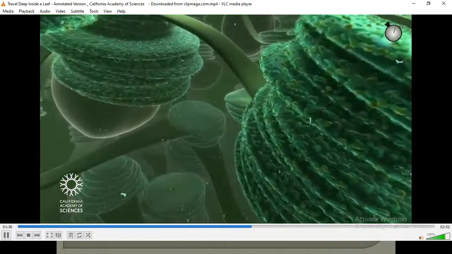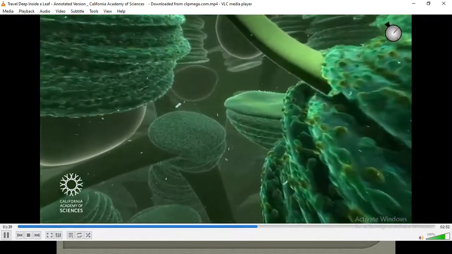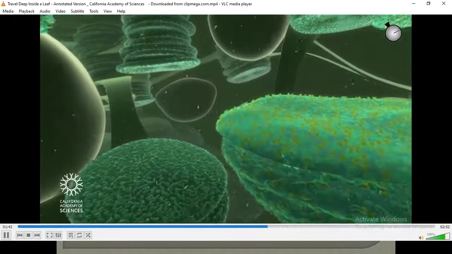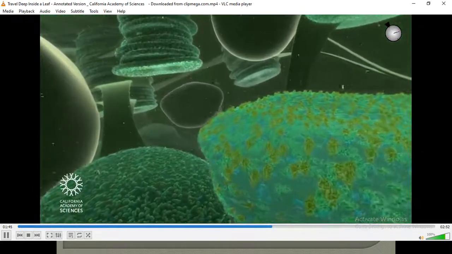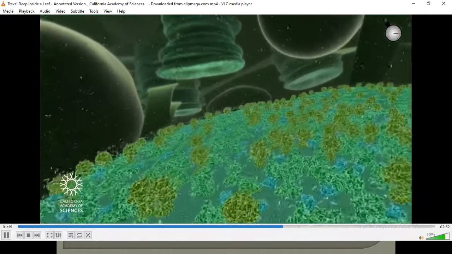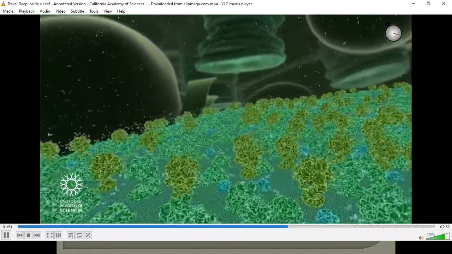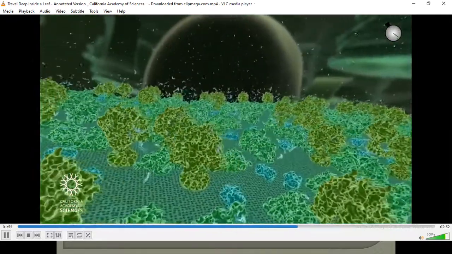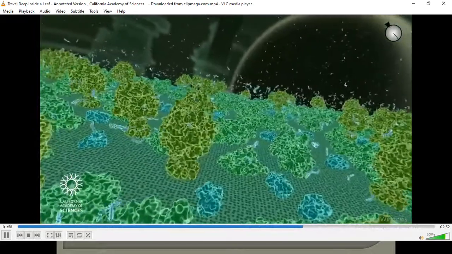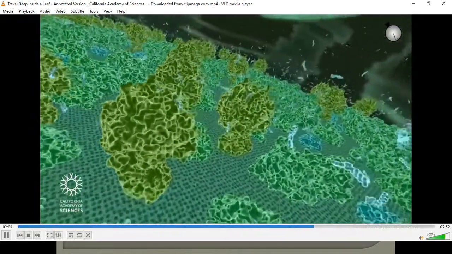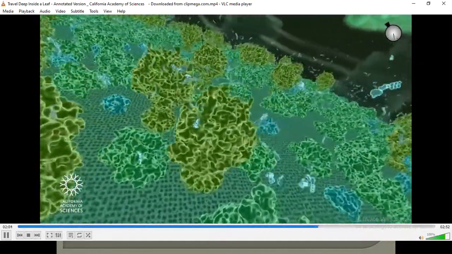When we move inside the chloroplast, we see there are different types of structures. The most common is the coin-like structures piled upon one another, called the thylakoids or the granum. These thylakoid membranes have chlorophyll on their surface. As you can see, there are a lot of chlorophyll molecules embedded in the thylakoid membrane.